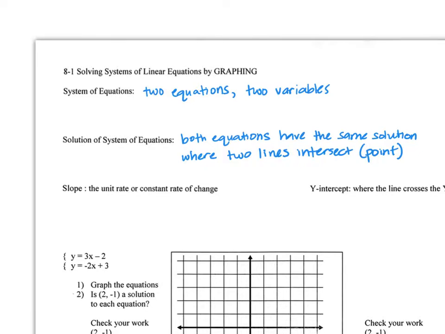Remember that the slope is our unit rate or our constant rate of change, and that is our m. Okay, I'll show you the y equals mx plus b here in a moment. The y-intercept is where the line crosses the y-axis. That's our b in our y equals mx plus b.